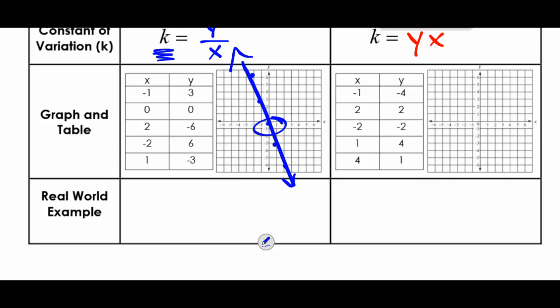An inverse variation is going to look very different. It's actually going to be 2 curved lines. I'm just going to plot the positive ones first. (2, 2), whoops. (1, 4), and (4, 1). It's making this curved line.